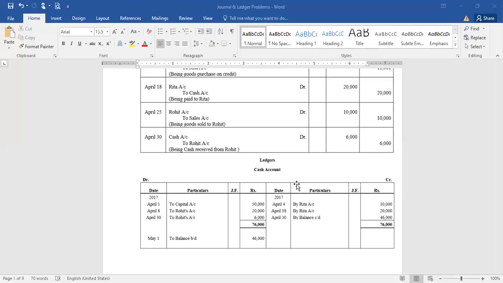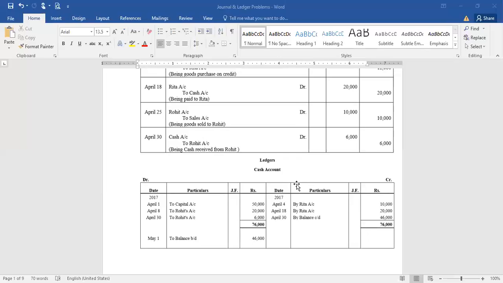The abbreviation of debit and credit should be written at the top of each account. On the left-hand side we write debit and on the right-hand side we write credit.